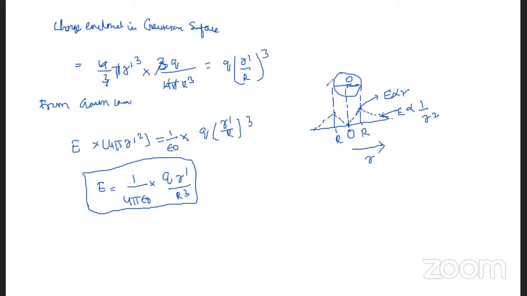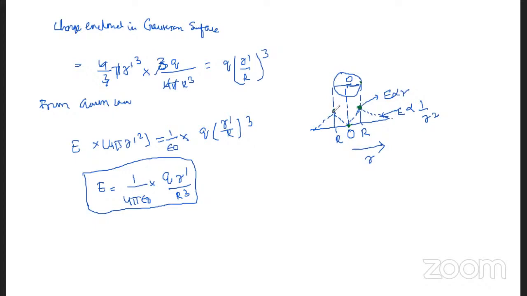And we have compared all these three, the electric field at three different points. At the center it is zero. As we are moving towards the surface of the charged sphere, the electric field increases, E is proportional to r, up to the charged sphere, where it has the maximum value.